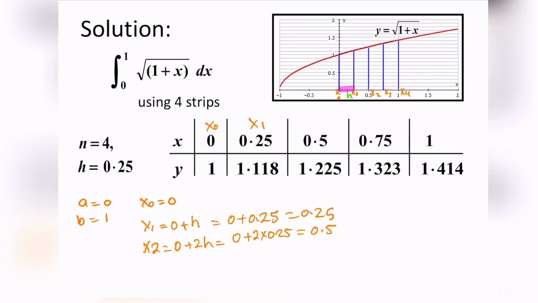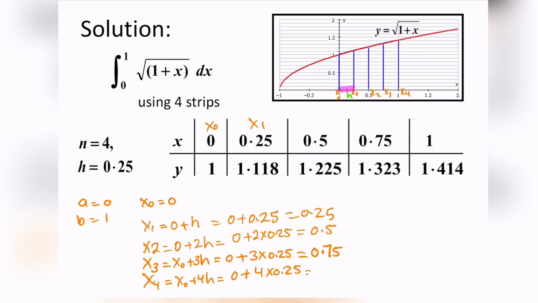Okay, so that's x2. x3 is x naught plus 3h, which means 0 plus 3 times 0.25, and 3 times 0.25 is 3/4, or 0.75. Okay, x4 is x naught plus 4h, which is 0 plus 4 times 0.25, and that will give us 1. And that's it. So we found the values of x, and we put them here in the table.